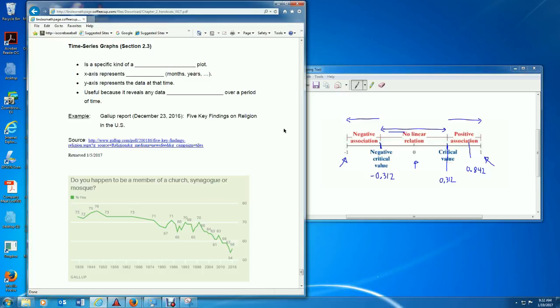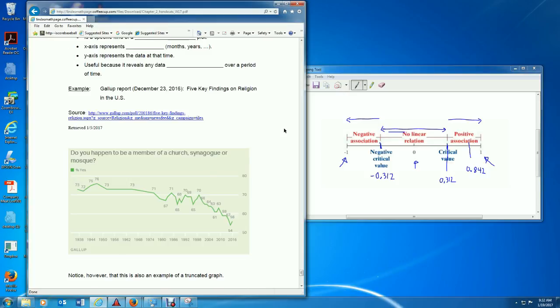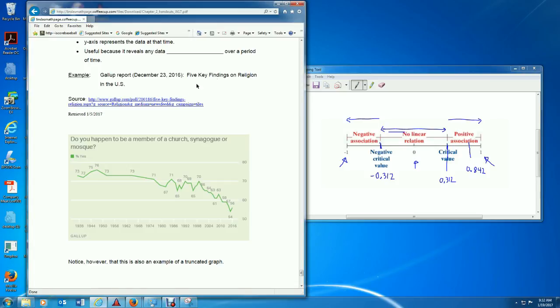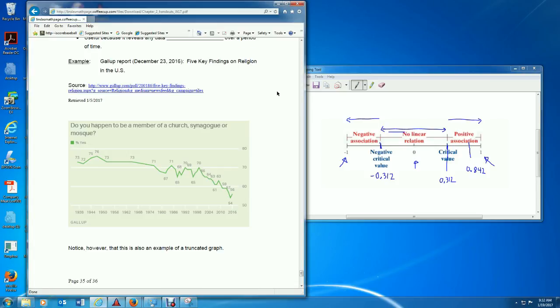So here's a recent example I took straight out of Gallup. It was a report on 5 key findings on religion in the U.S. And basically showing the general trend over time, this goes from 1938 to the present, is that far fewer people are members of a church or other religious organization.